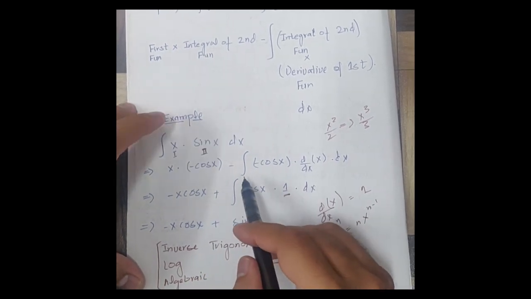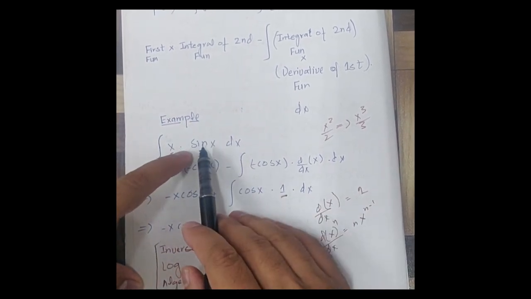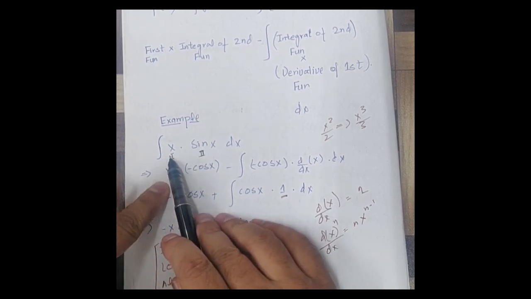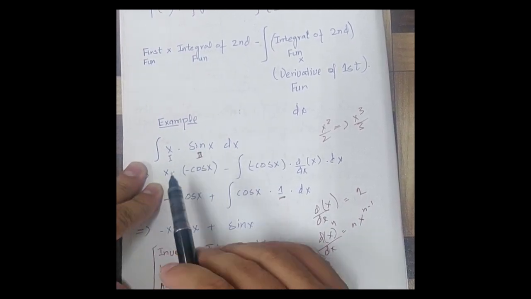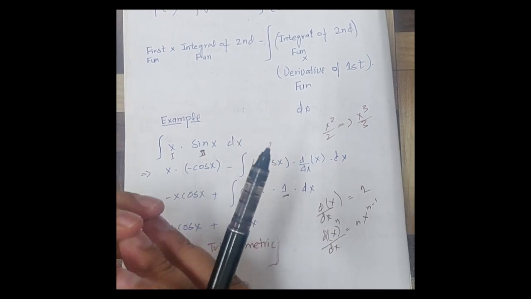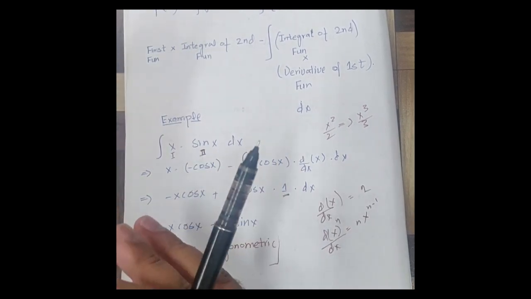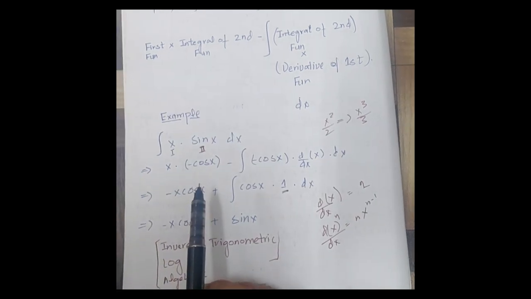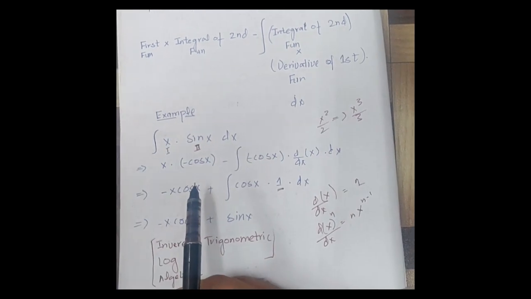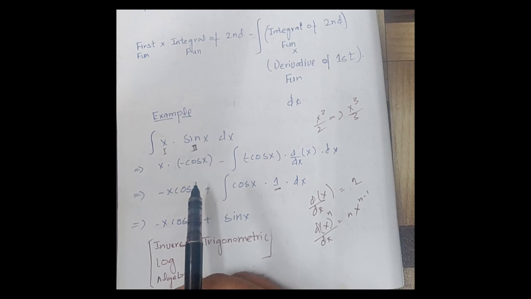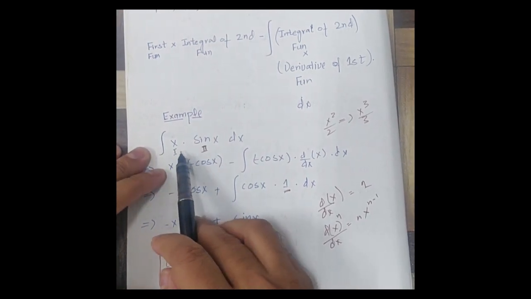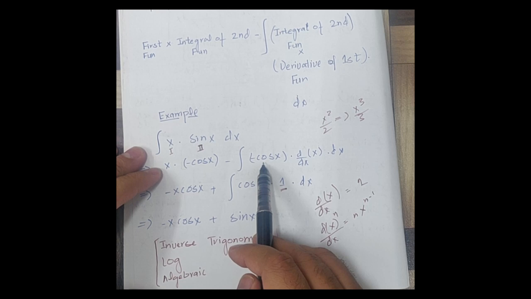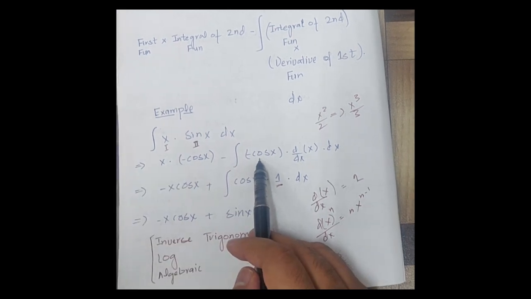Now as you can see, if I had used sine of x as the first function and x as the second function, this integral would have expanded instead of converging. It would have diverged into a sequentially longer integral. If I used x as the second function, I would have had to integrate x.